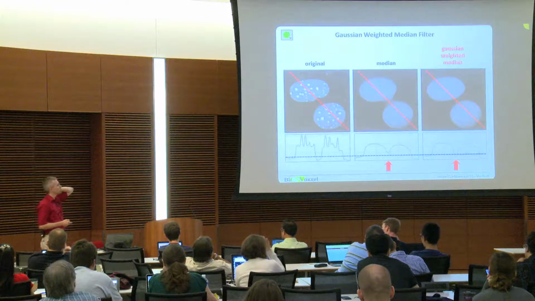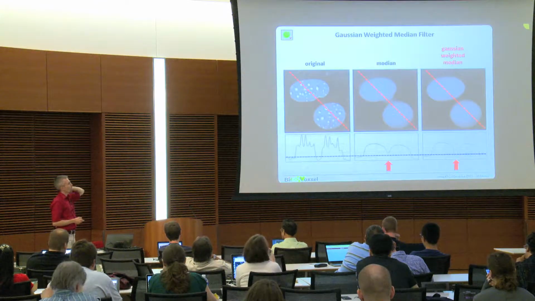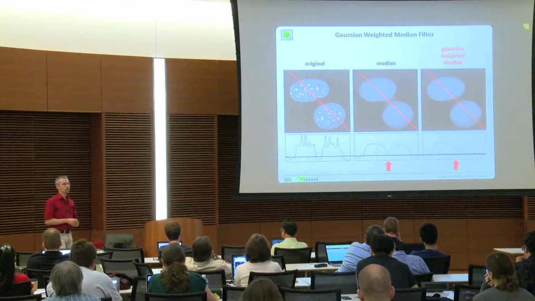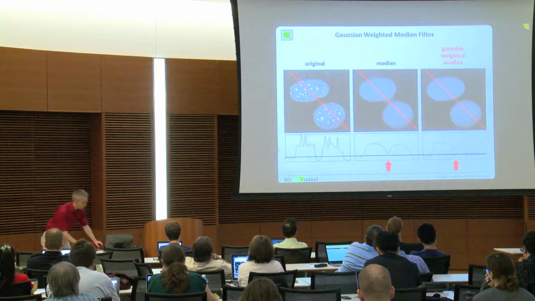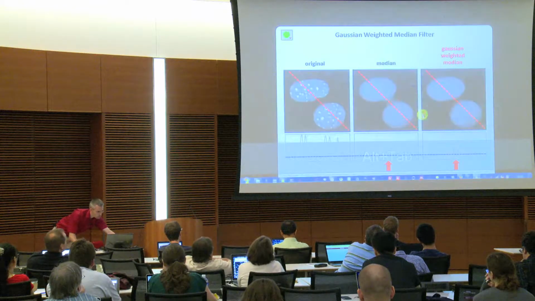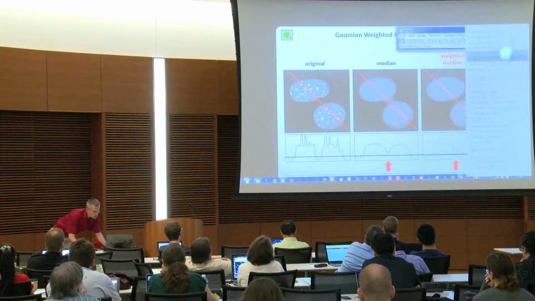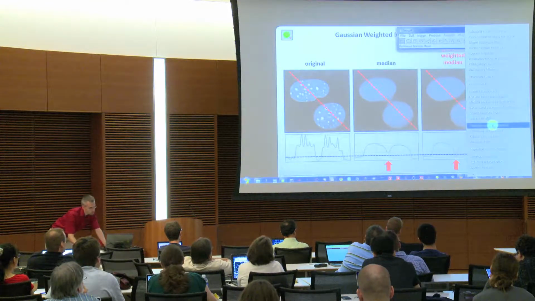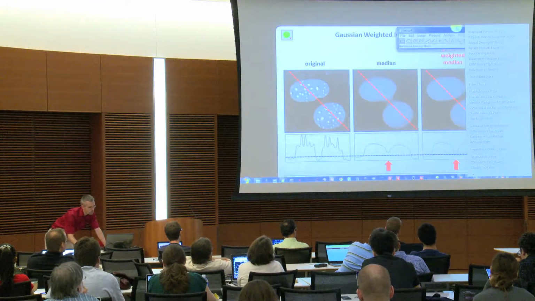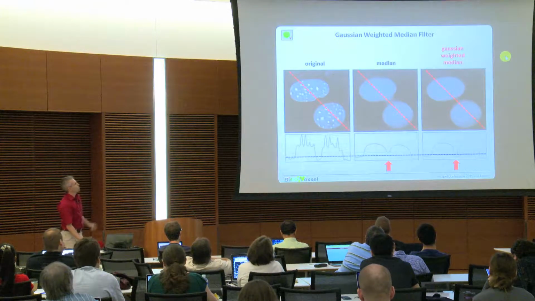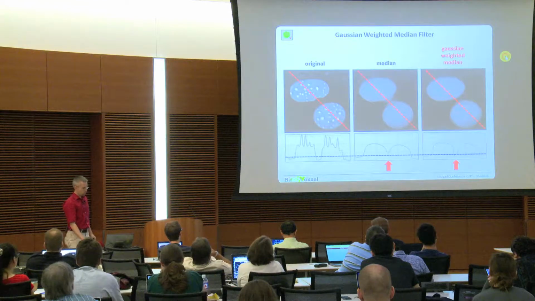I think we don't do a separate exercise for that, but you can use the same image now, the original one we had, and can apply the Gaussian weighted median, which is in the toolbox just down here. Gaussian weighted median, and can key in a radius, and then you will see how that actually works if you use the same radius as for the median.